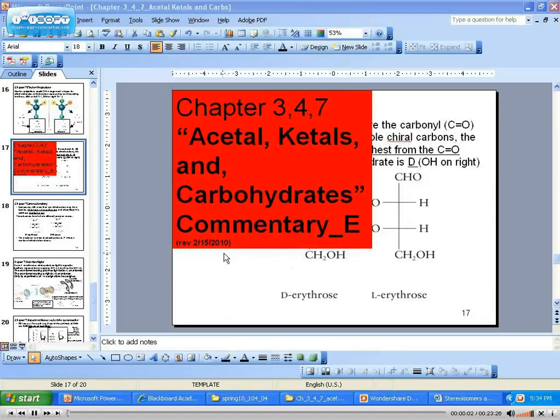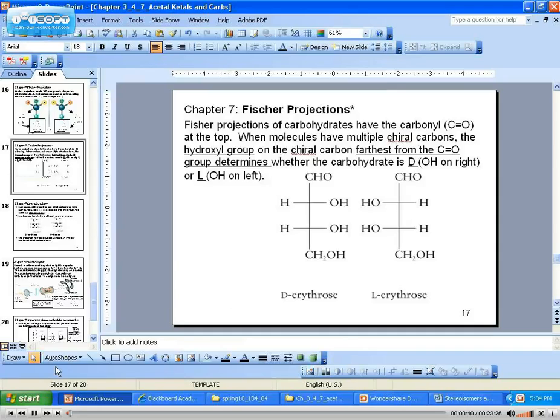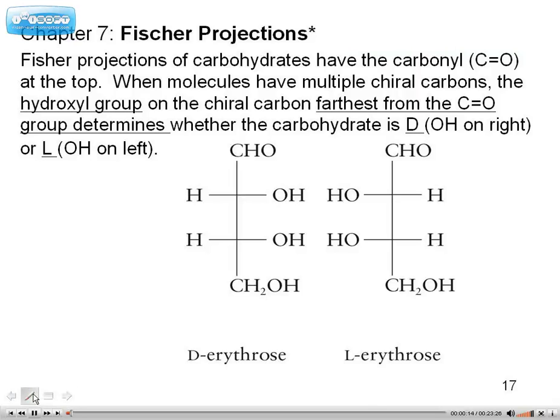This is the continued commentary for acetal, ketal, and carbohydrates. Now we're going to focus on molecules with more than one chirocarbon. And it could be 2 or 3 chirocarbons.